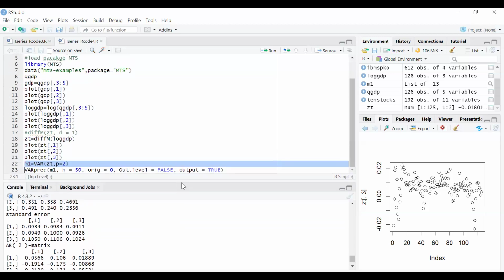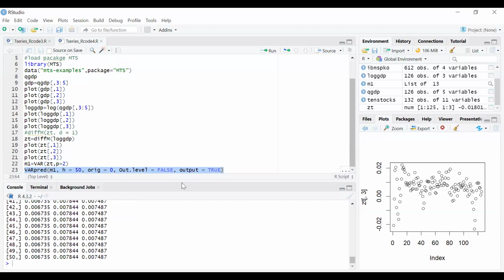Now, once that model is selected, the next thing we like to do is forecasting using that VAR model. This is the last line, the 23rd line. That command will execute that. So this M1 is the fitted model. Then in the next line, VAR pred, that means I am predicting with the VAR model.